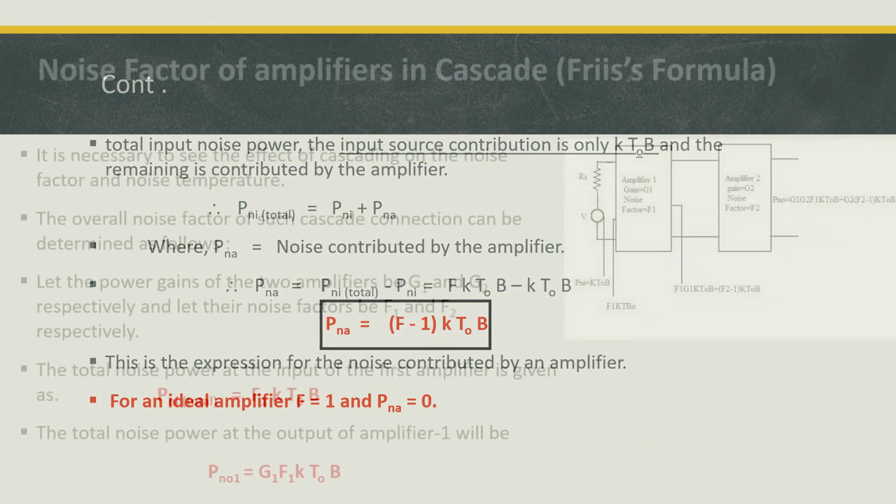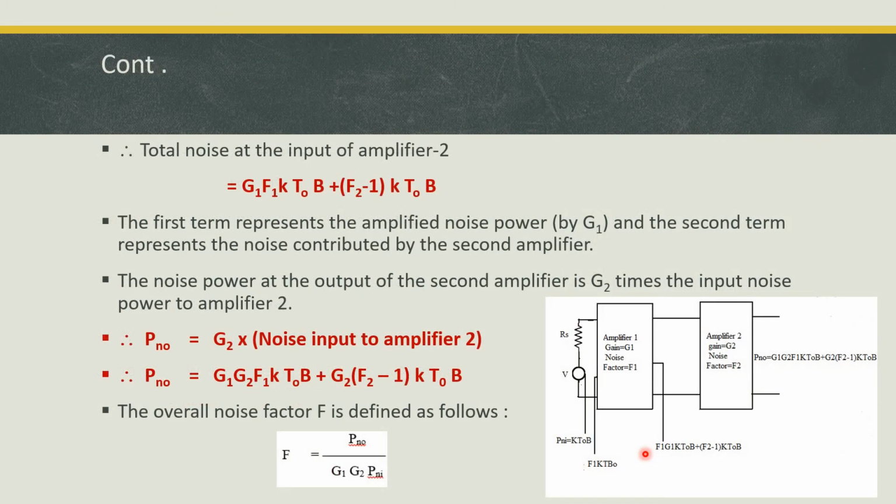Now in the Friis formula calculation, we have two amplifiers. That's why two gain factors are there, G1 and G2. Output divided by gain factors G1 and G2 and your input noise. So this is the corresponding noise factor calculation. Here we have to substitute this final equation.